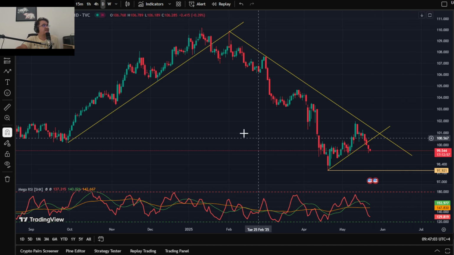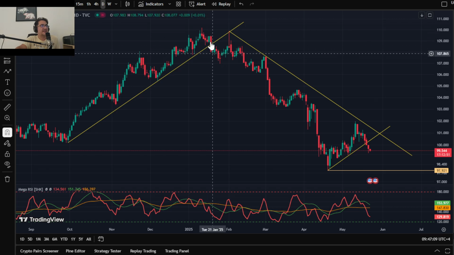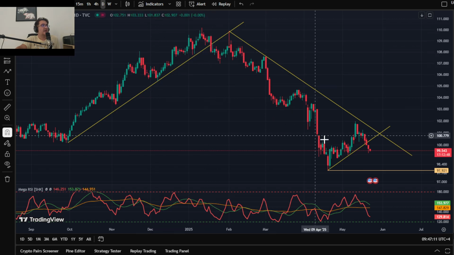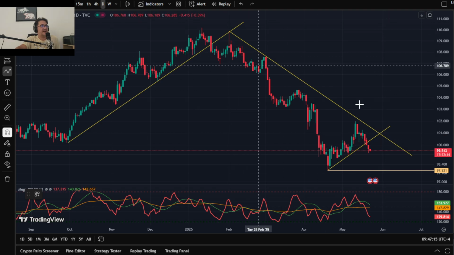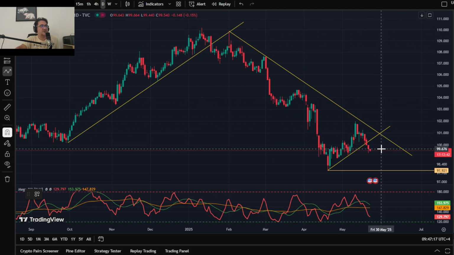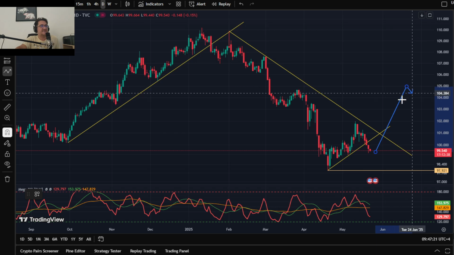And false breakouts are when you do not break strongly. Imagine this line wants to be broken. If it breaks like this, it's a valid breakout.